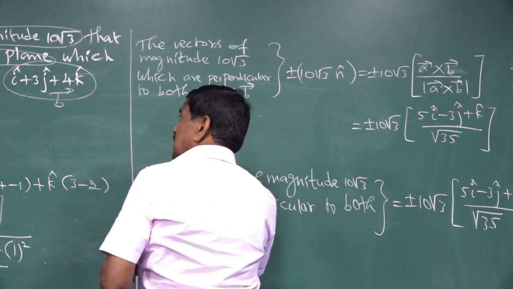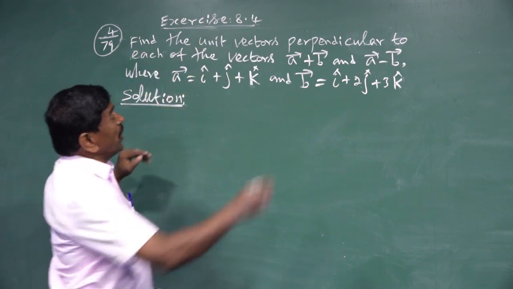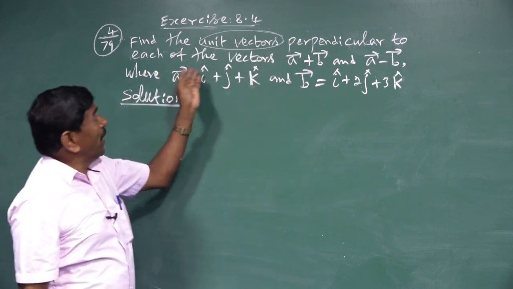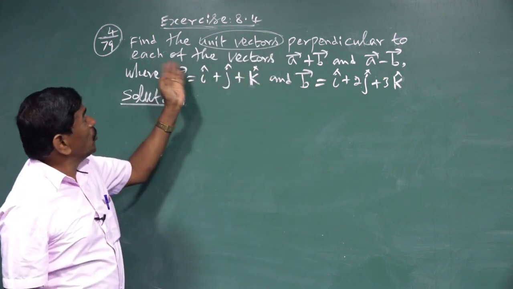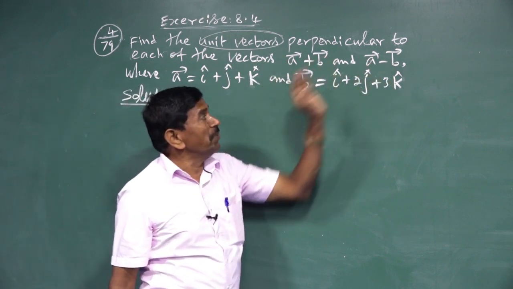Children, listen, now exercise 8.4, fourth question. Find the unit vectors perpendicular to each of the vectors a vector plus b vector and a vector minus b vector.